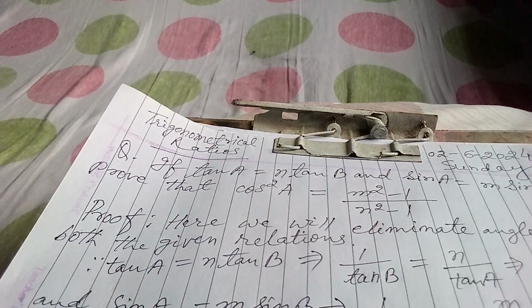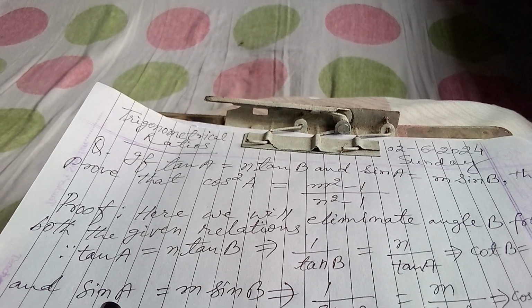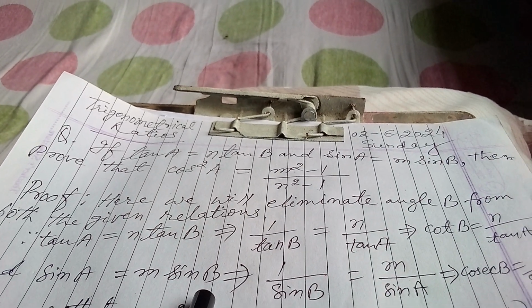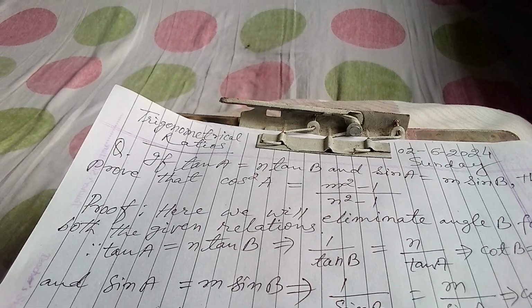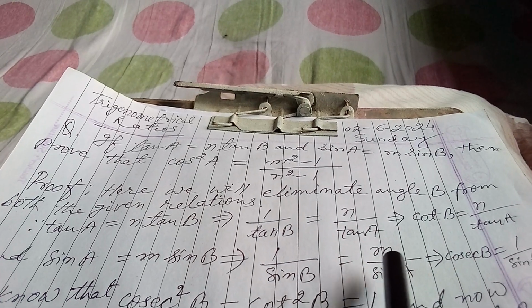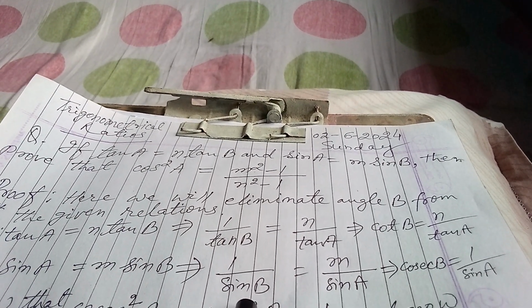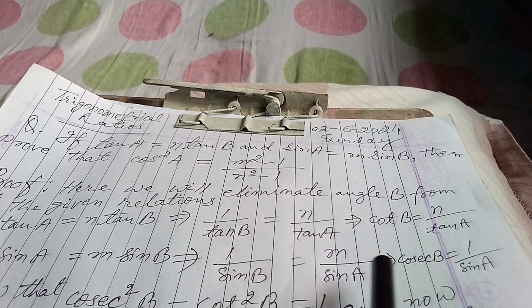Now, the second relation is given to us: sin A equals m sin B. This sin B comes to the left side, so it becomes 1 by sin B, and this sin A comes to the right side, so it becomes m by sin A. And again, you know, sin B into cosec B equals 1.